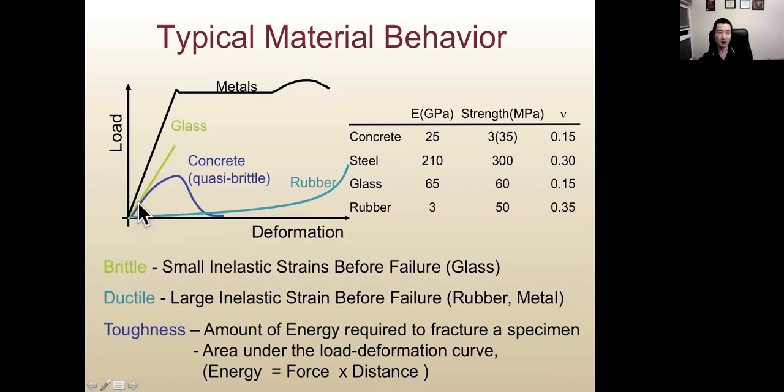For example, the toughness of metal is the area underneath this black curve. Because again, toughness is energy, and energy is equal to force, which is load, times distance, which is deformation. So by comparing the areas under the curve, we can easily tell metal has the highest toughness, higher than glass, concrete, and rubber.